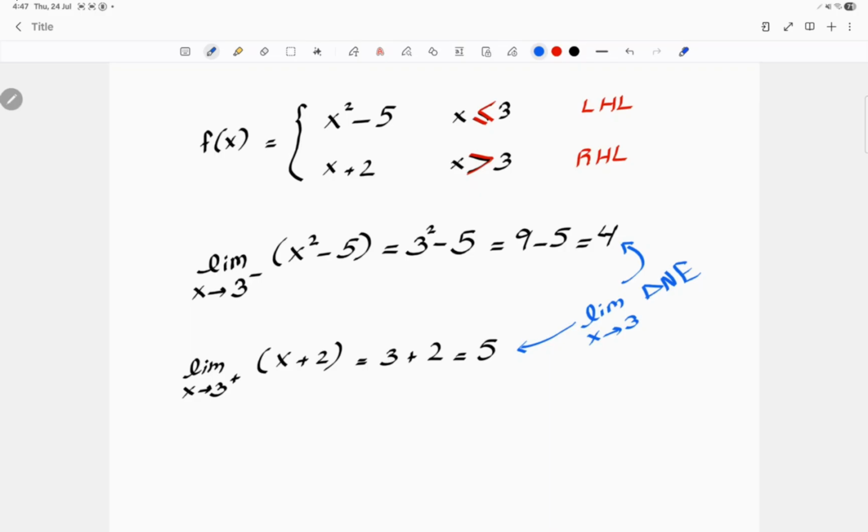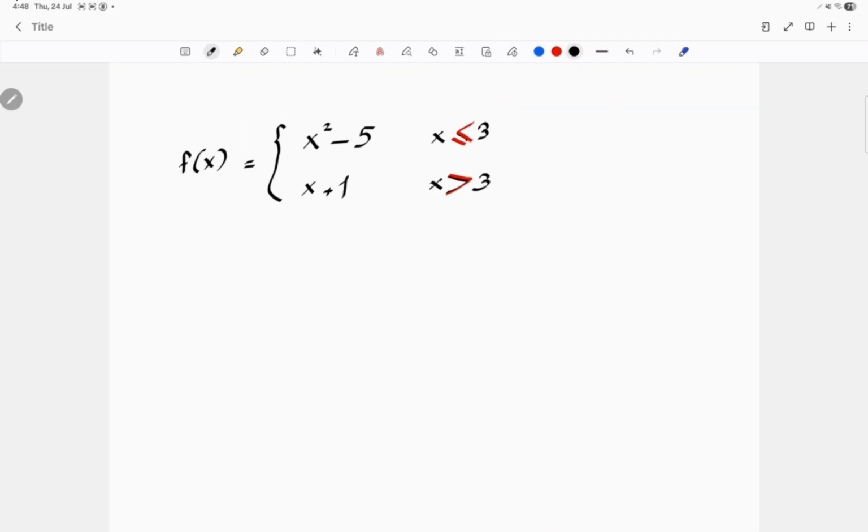Let's do another one. So here again, we have less than, we have bigger than. If it's less than, it's the left hand limit. If it's bigger than, it's the right hand limit. So right now, if they ask you to find the limit of x approaching 3 from the left, they're simply asking you to find the left hand limit of x squared minus 5.